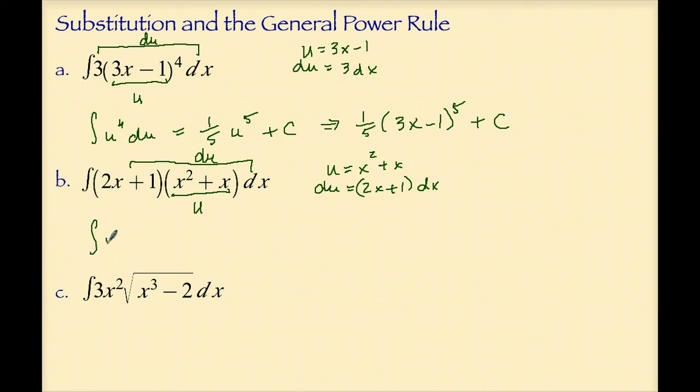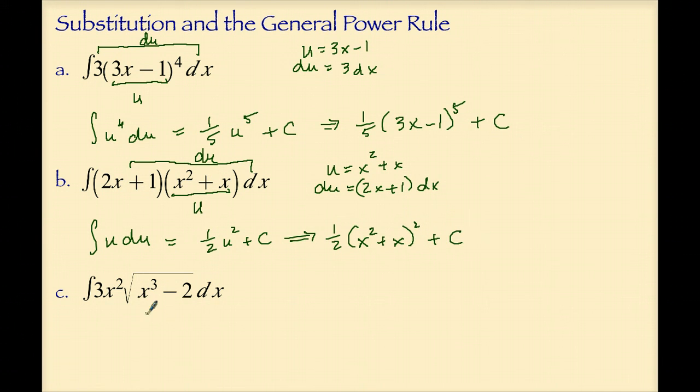Rewriting the integral, we have u du. To integrate, we get 1/2 u squared plus c. And of course, we replace u now with the original expression: 1/2 (x squared plus x) quantity squared plus c.